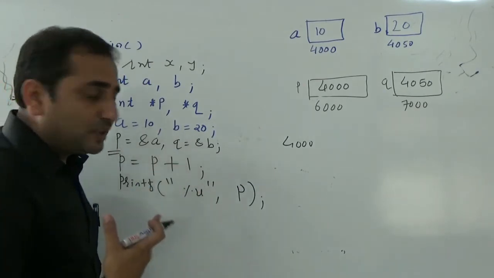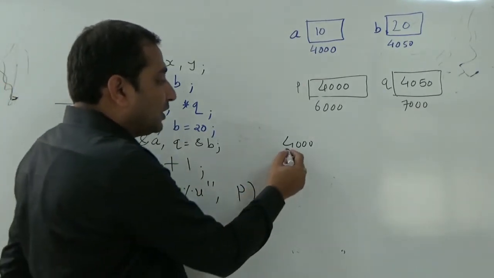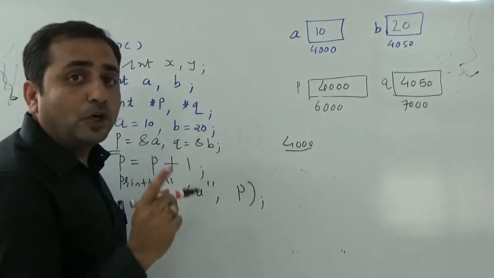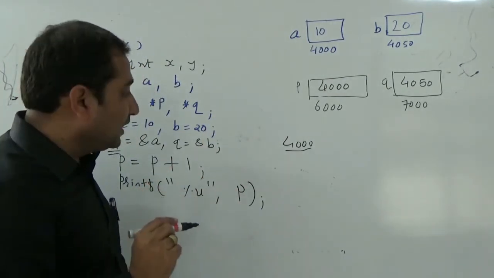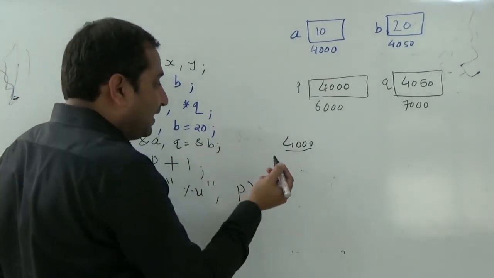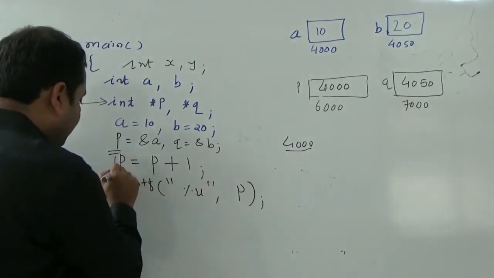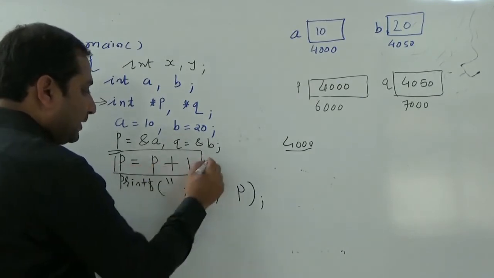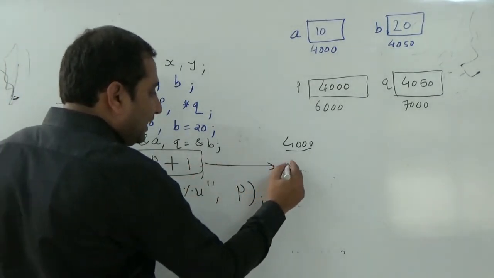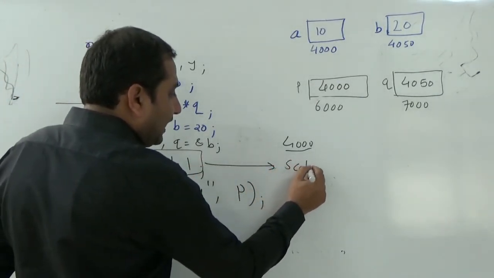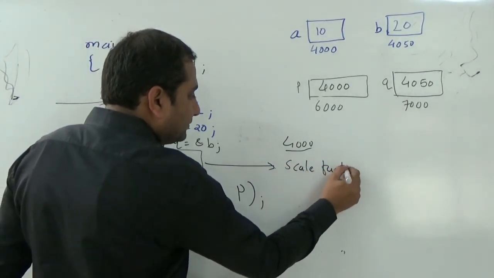So as a normal user, we think it's supposed to be 4001. That is wrong actually. It would be incremented by the scale factor. When you do an expression like this, it will be incremented by a scale factor.